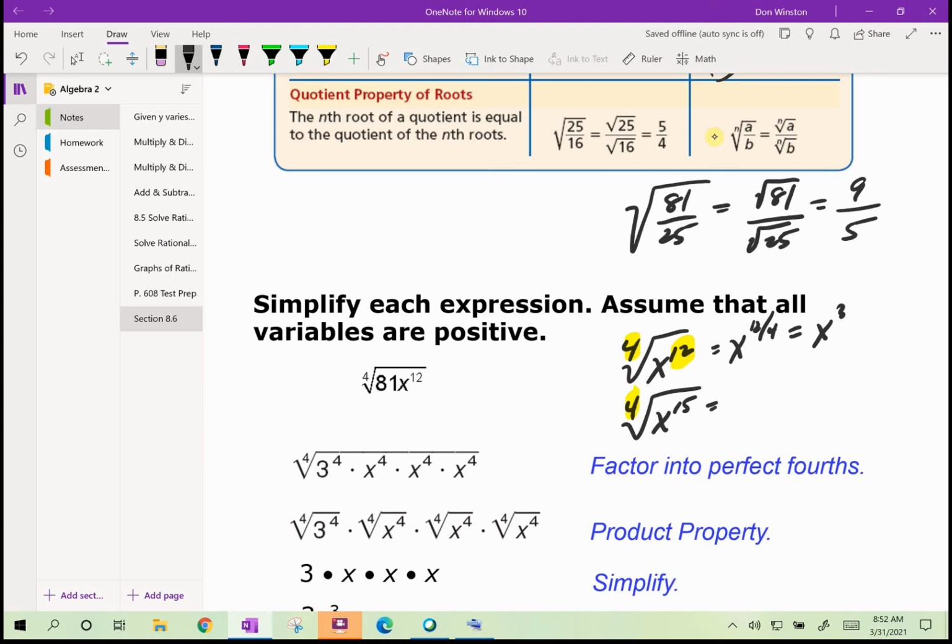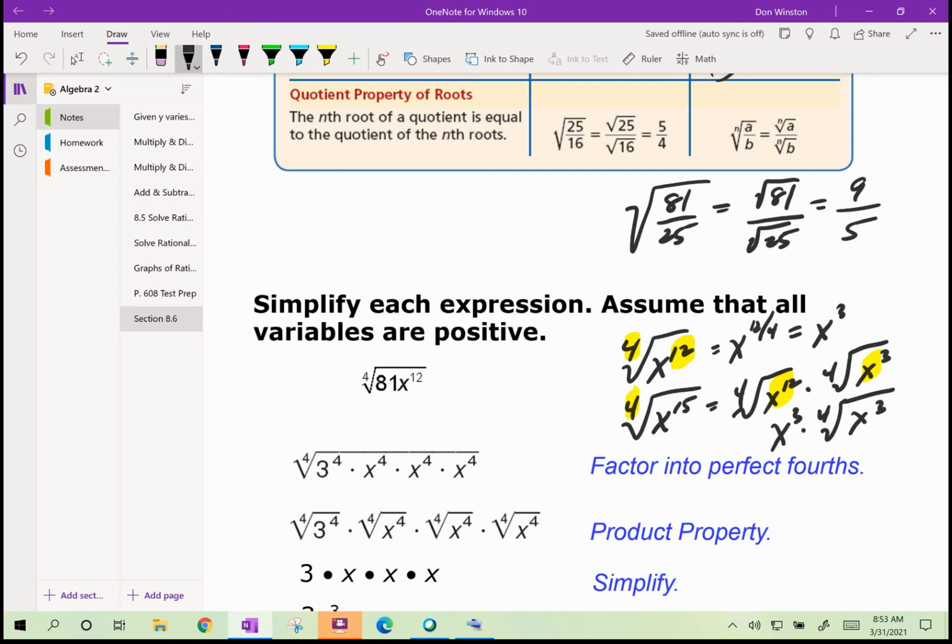So I can write this as the fourth root of x to the 12th times the fourth root of x to the third, because 12 plus 3 gives me 15. Why did I write it that way? Because 12 is a multiple of 4, but 15 is not. The fourth root of x to the 12th is x to the third, and then times the fourth root of x to the third.